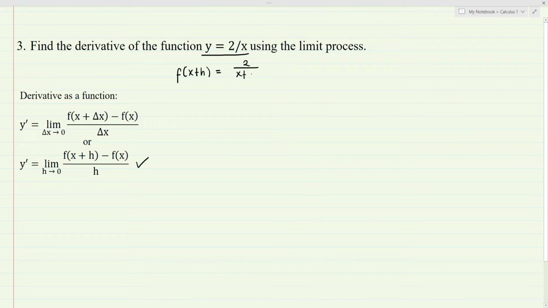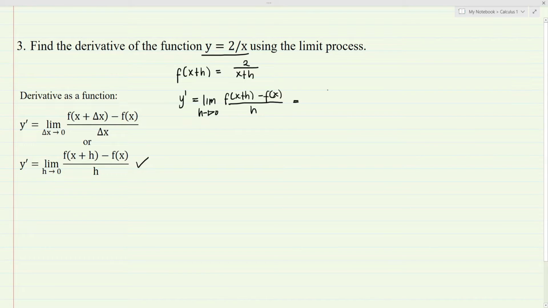And now that we have this function, we can now proceed with the equation for the derivative, and that will be the limit of f of x plus h minus f of x divided by h as h approaches 0.